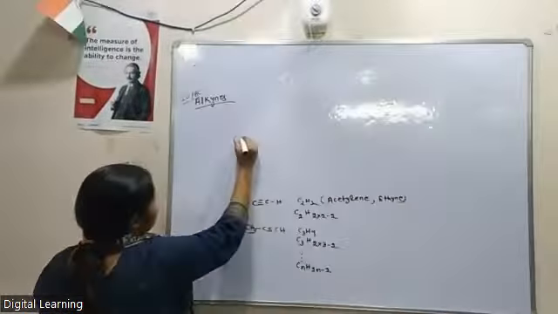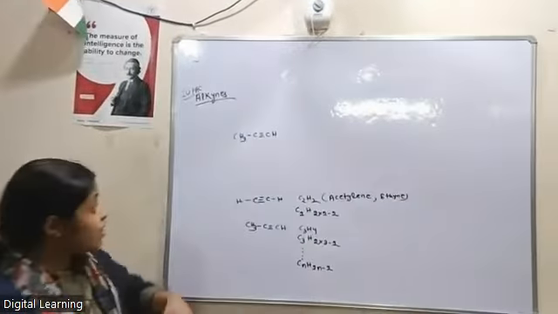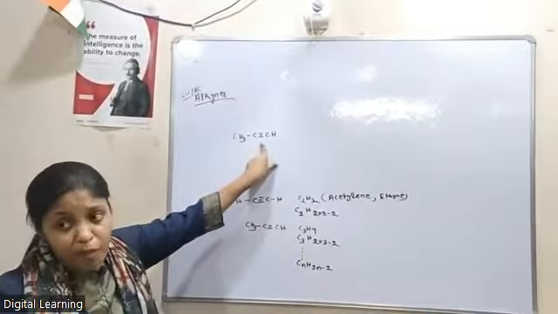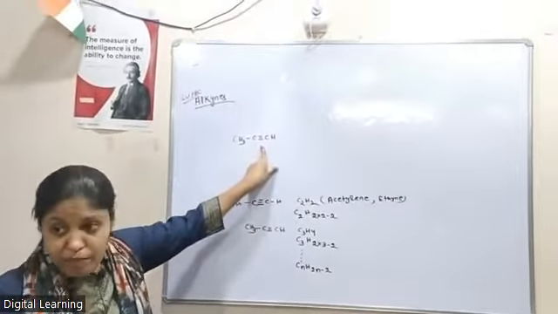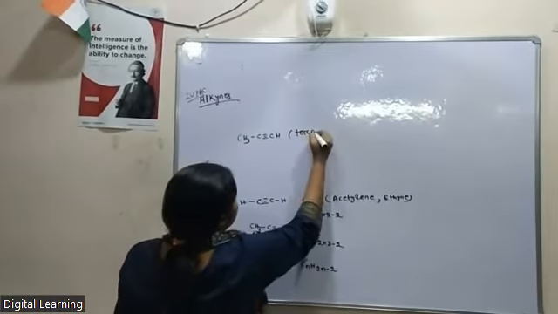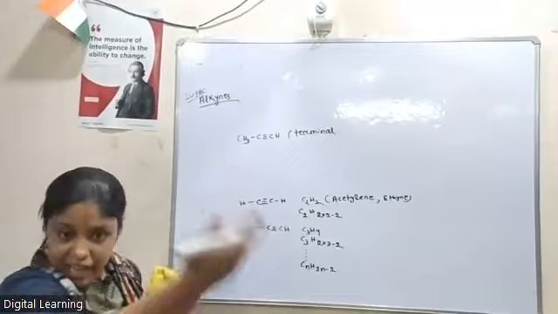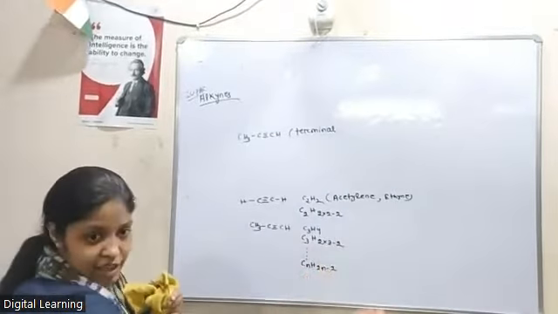Propyne. This is also an alkyne. In this case, the triple bond is present at the terminal end, so this is called terminal alkyne, just like alkene. Terminal means at the extreme end, either this side or this side.